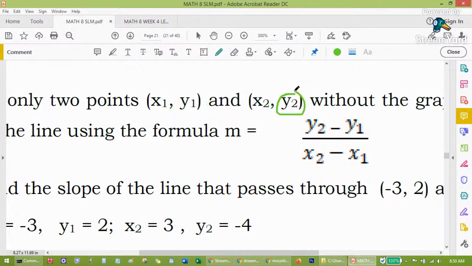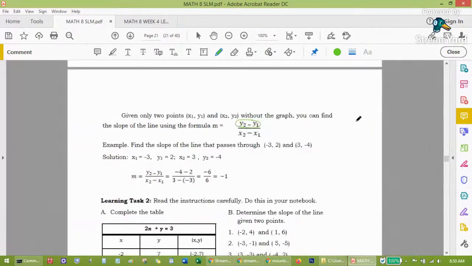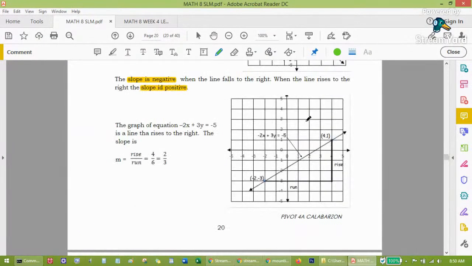Yung y2, ima-minus mo sa y1. Y2 minus y1, that is the rise. Yan, magsasabi kung ilan ang inakyat or ilan ang binaba. Rise. Yung y.